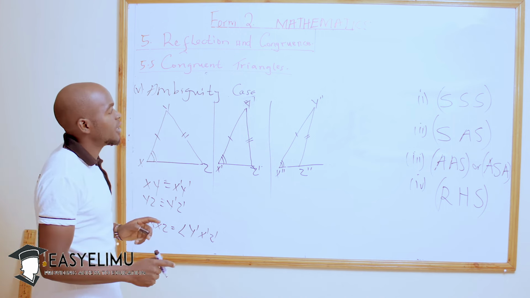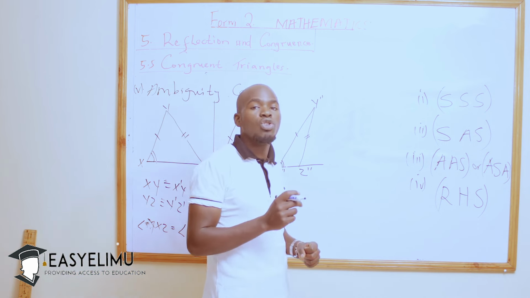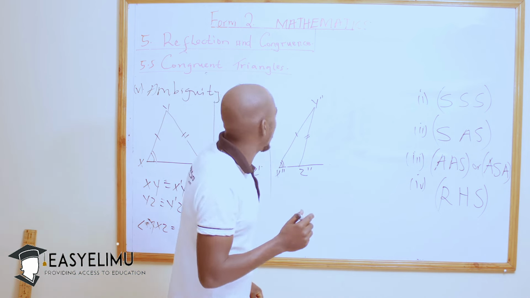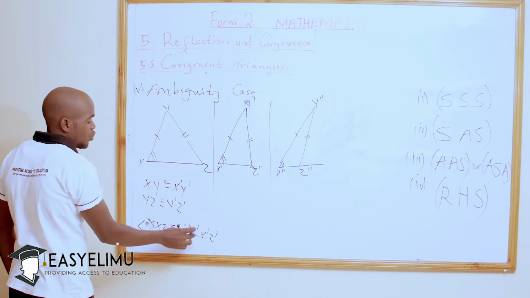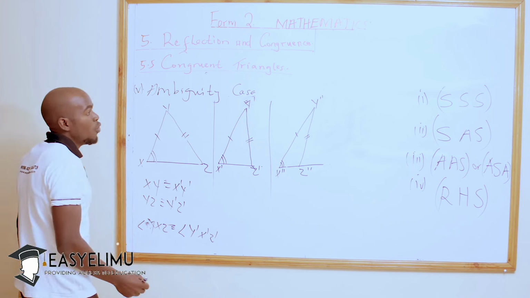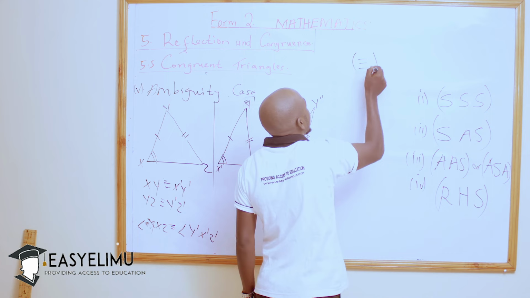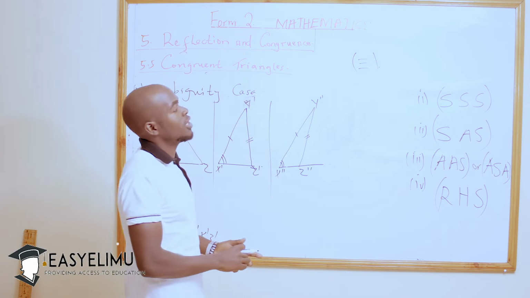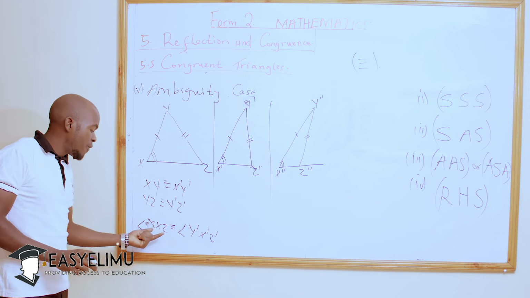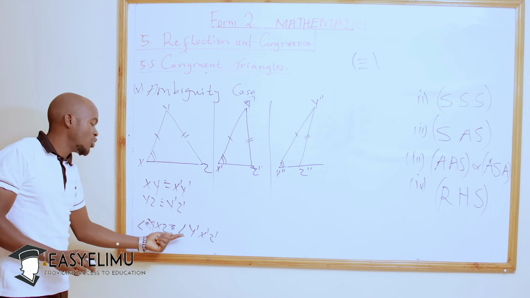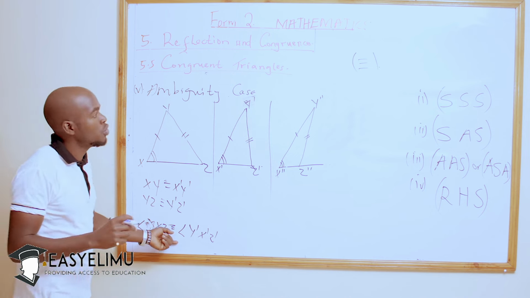And under congruency, we shall have a symbol which represents congruency. If we want to say that this triangle is congruent to the other triangle, then we use a symbol which some people call three hyphens, but it is three lines. So if you find three lines drawn under something or two letters, it means they are congruent to each other.